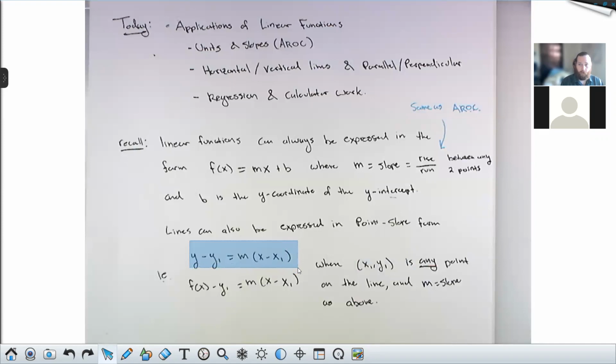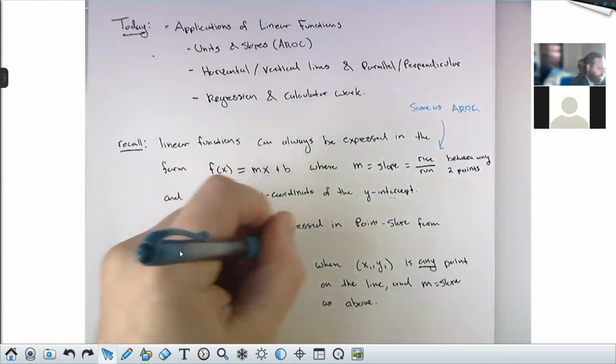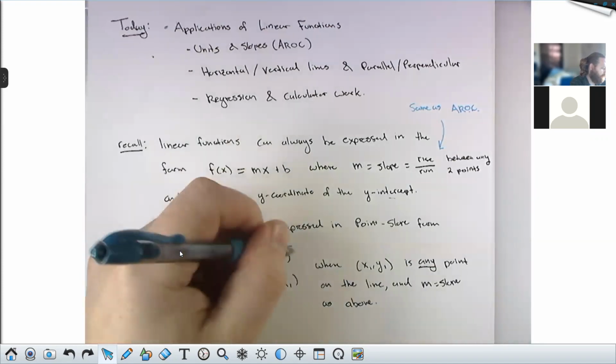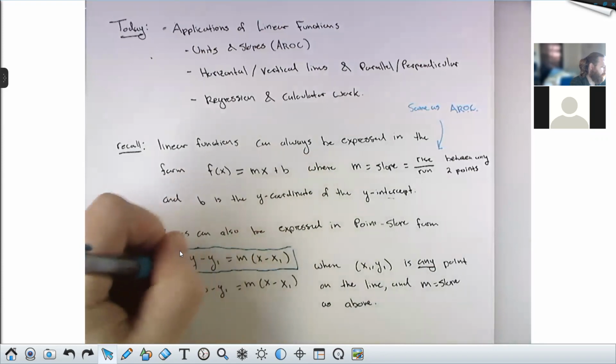And of course, you can solve this for y and simplify it into mx plus b to find the y-intercept if you want. So really, I want you guys to get comfortable with this. It will make your life so much better.